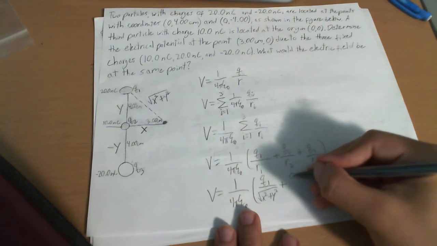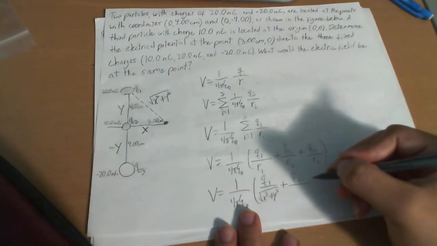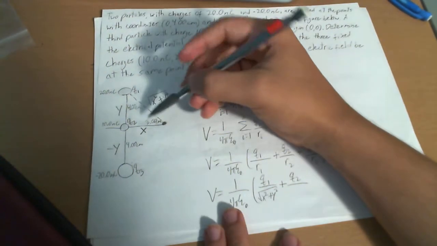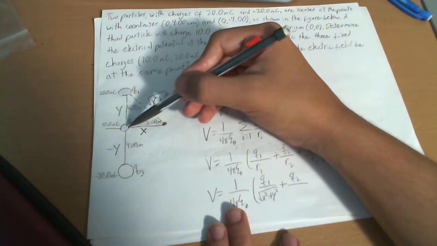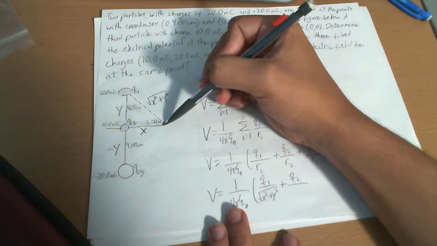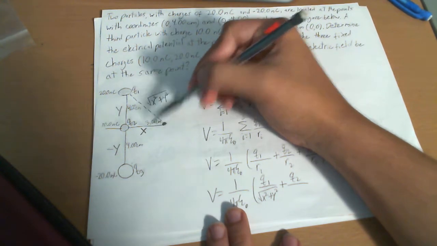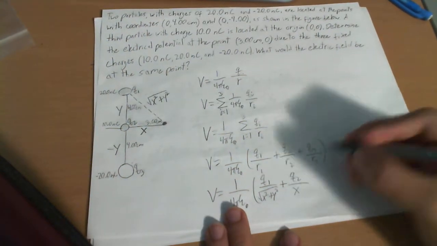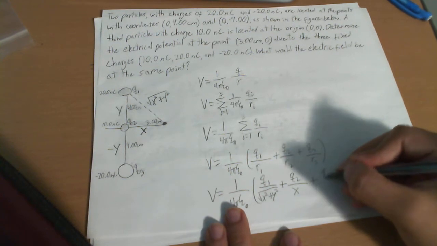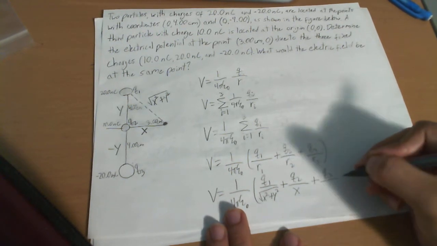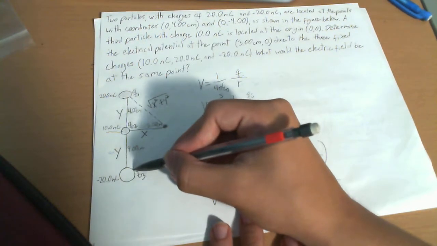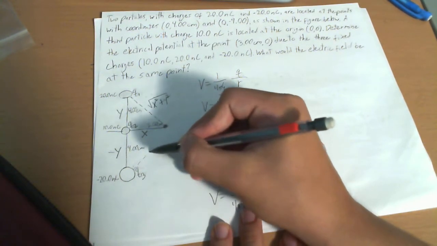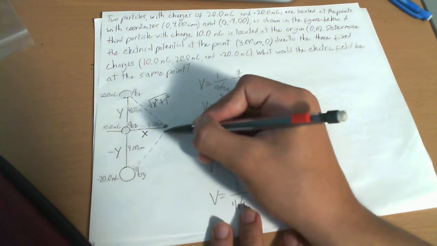Now for the second charge, it's going to be Q2 over R2. So what's R2? Well, R2 is given to us. As you can see, it's the distance between Q2 and our point of interest, and that distance is x. So we'll plug that in. And now for the last one, Q3 over R3. R3 is going to be the distance between Q3 and our point of interest.